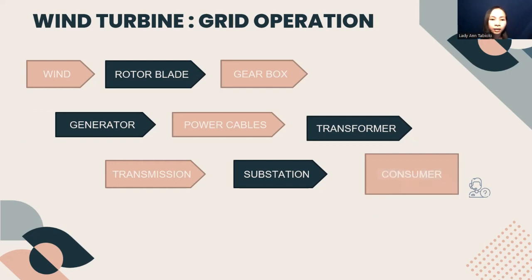And then, pagdating doon sa substation, kapag na-reach na niya yung community, yung voltage sa may transformer, nababawasan na para magkaroon ng safe and usable electricity para sa consumer. Mas ligtas, mas efficient, and mas mura.